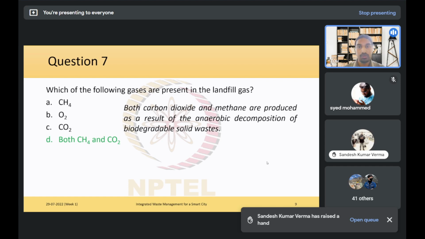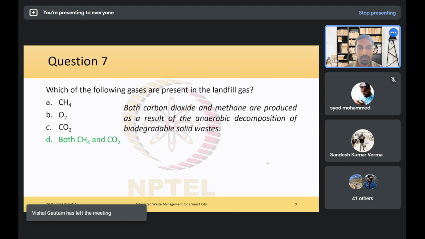It's not a landfill gas. What we mean by a landfill gas is the gas that is produced as a result of this anaerobic degradation of the wastes present in the landfill. So we do not call oxygen a landfill gas. Okay, sir. Because it's not produced from the landfill. Okay. Any other question?